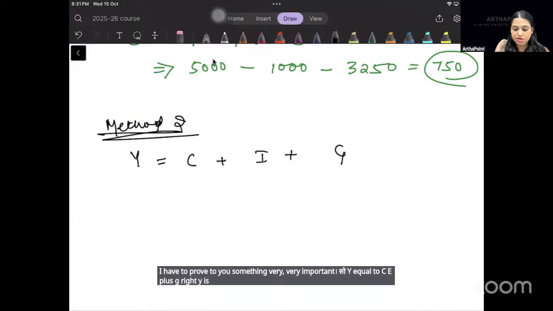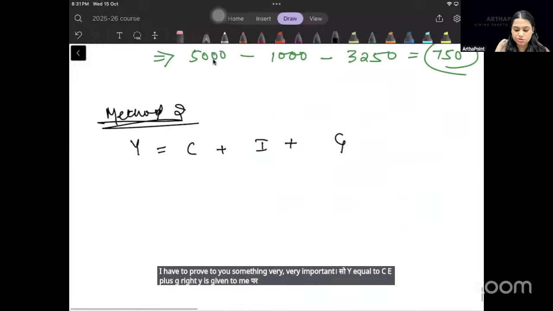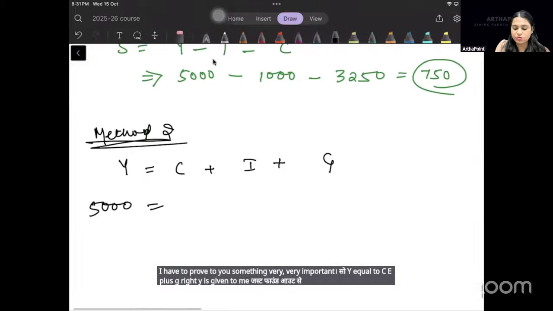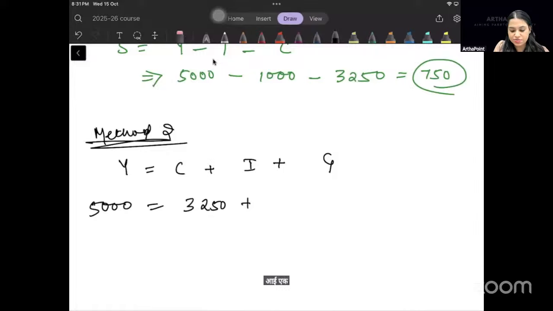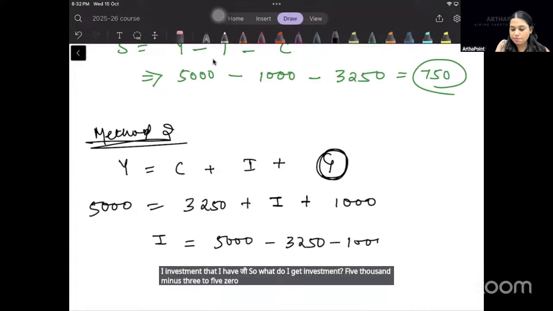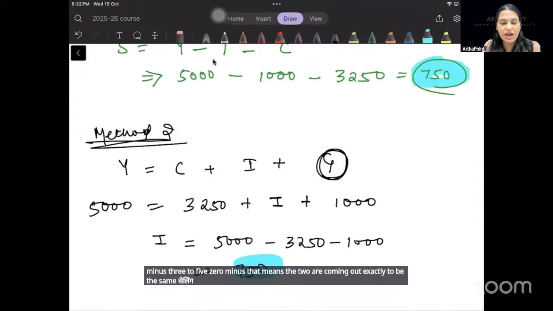Y is given to me as 5,000. C I just found out as 3250. I is investment, and G is 1,000. So what do I get investment as? 5,000 minus 3250 minus 1,000. That means 750. The two are coming out exactly to be the same. Savings and investment are coming out to be the same.